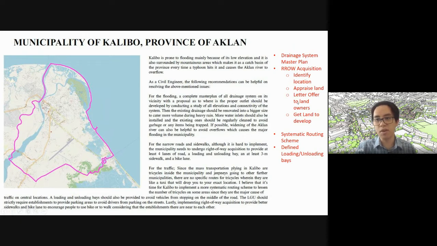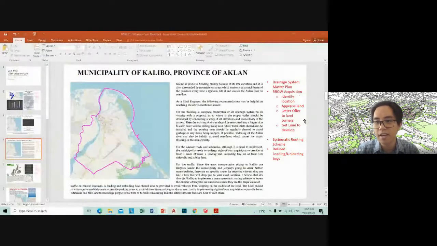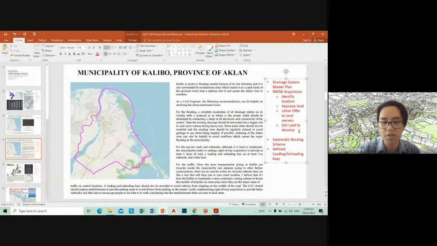Then to implement that vision, you need to talk to the landowners, send them a letter offer, get the land, and then implement. So the four steps are seen here as well: identification of the land and stakeholders, creating your vision, and implementing that vision. And I forget the last step, which is to monitor and evaluate.